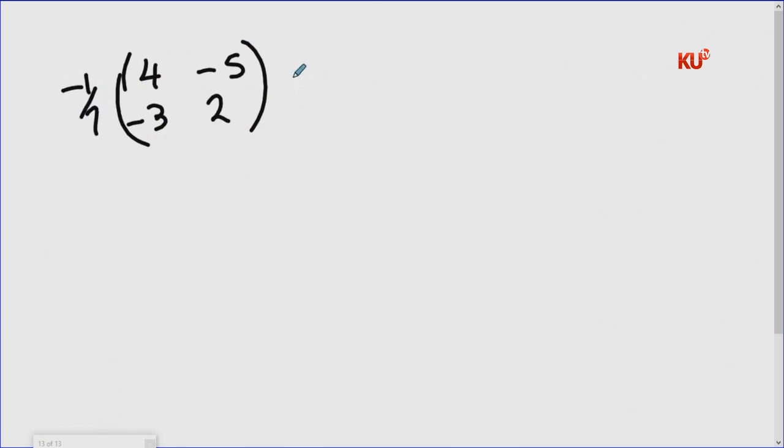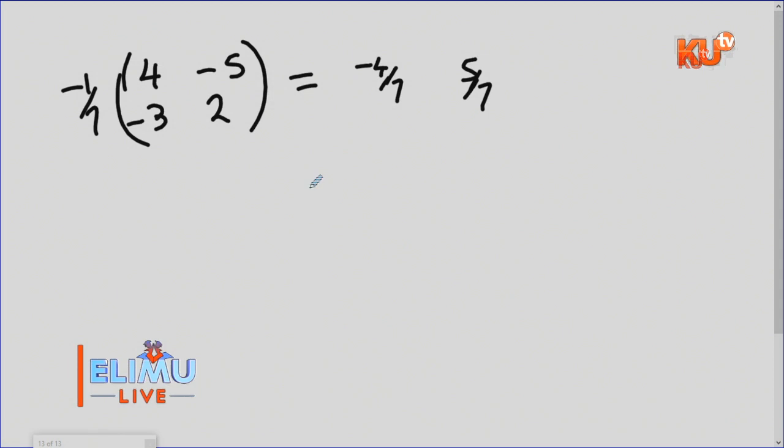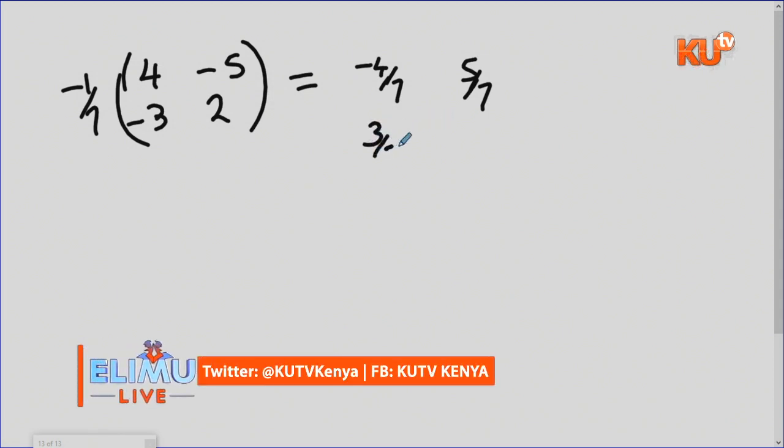This becomes -1/7 times 4, which is -4/7. Then the other one becomes 5/7, that means -1/7 times -5 is 5/7. The other one becomes 3/7.